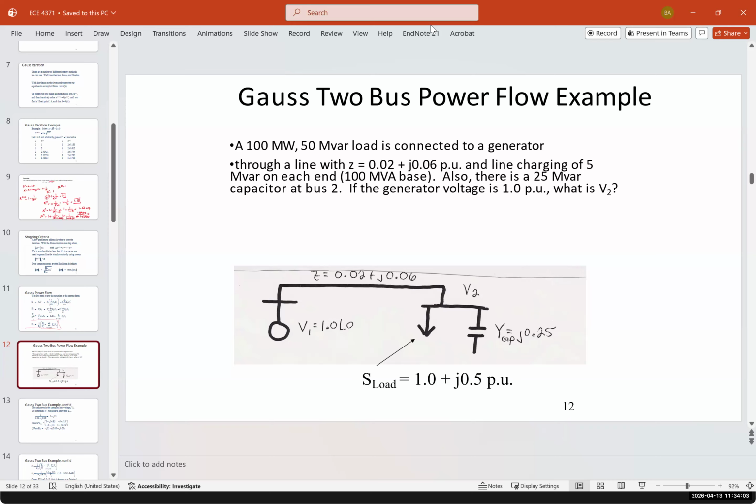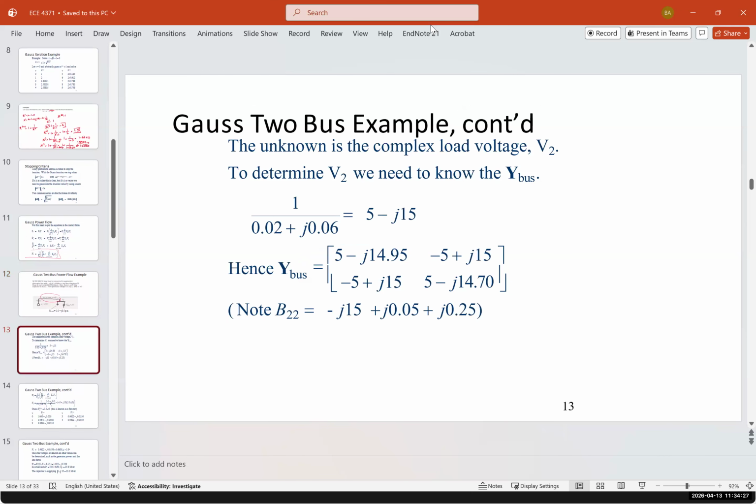It's a 100 megavolt-amp base. Also, there is a 25 megavolt-amp reactive capacitor at bus 2. If the generator voltage is 1 per unit, what is V2? So again, we have a generator connected to bus 1, connected to bus 2 via this impedance, and we want to find V2.